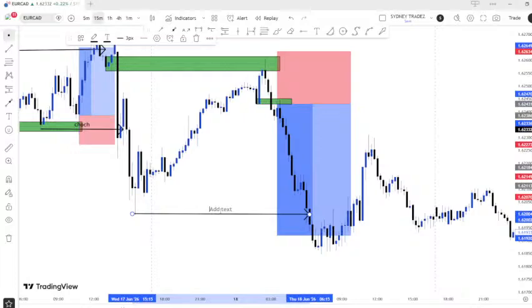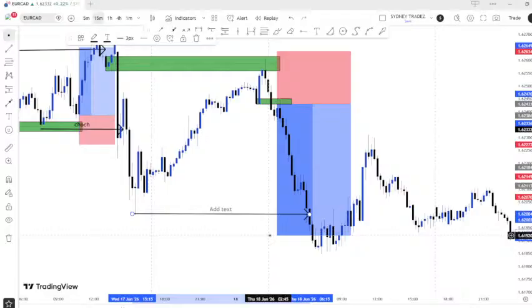Now remember that price, after sweeping liquidity, starts generating liquidity. If price is moving to the upside, it will generate buy side liquidity. As it is moving downwards, it will generate sell side liquidity.